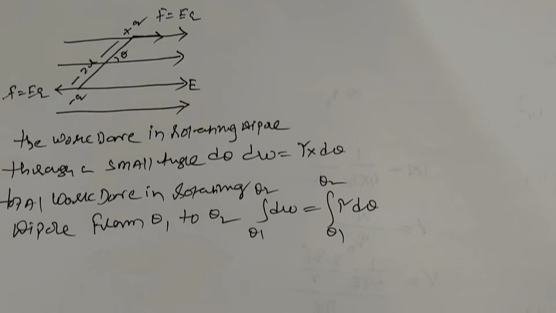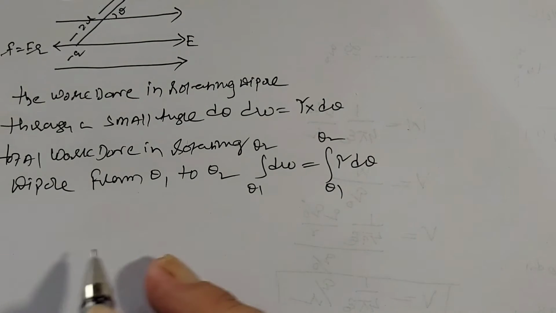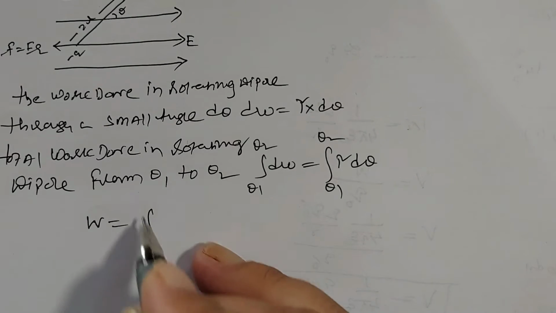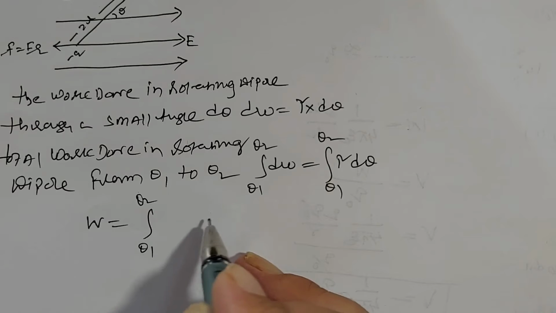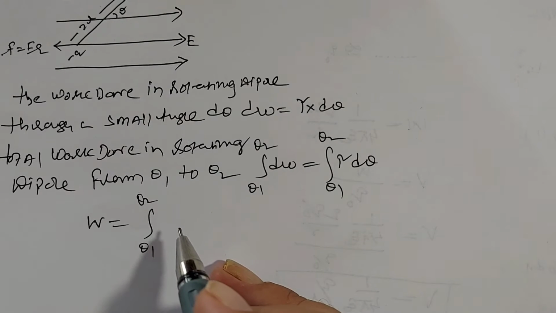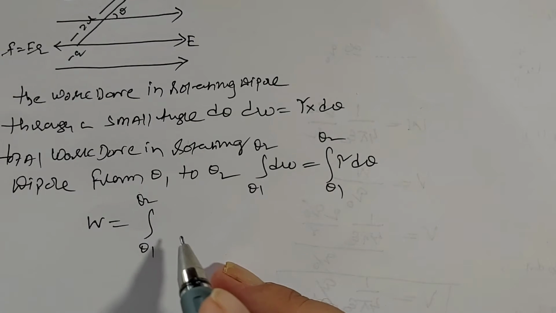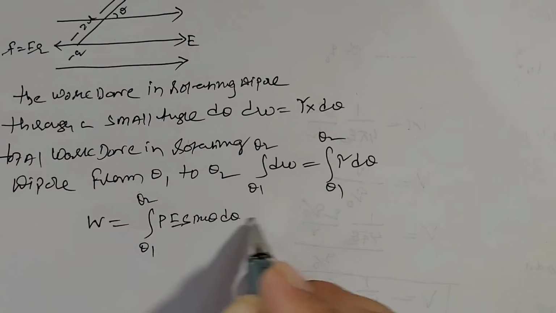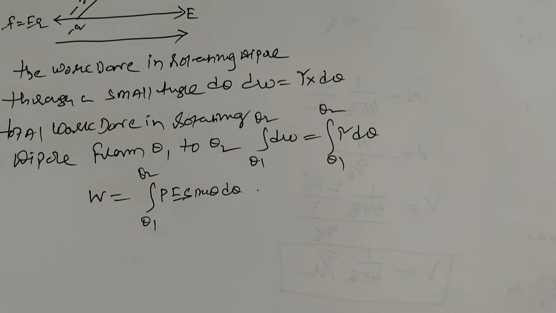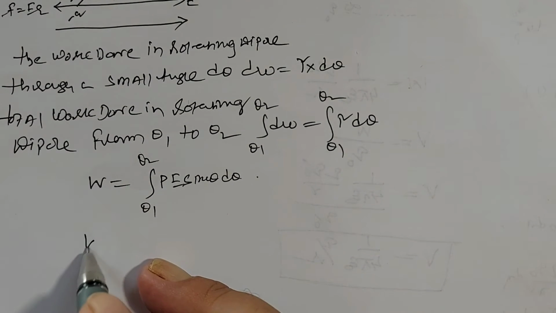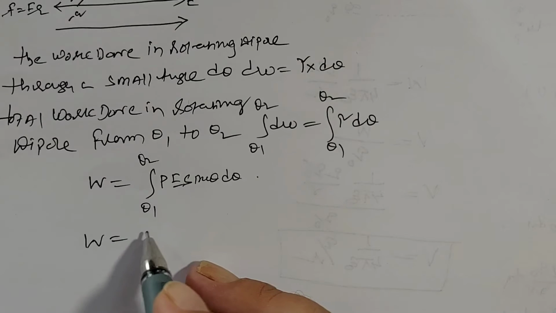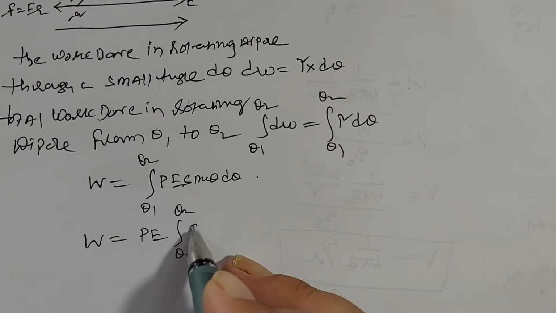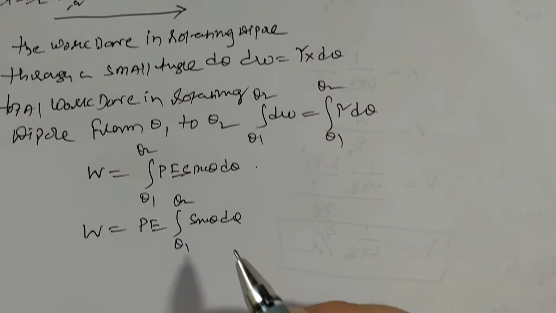Integration of dW is equal to W. Torque, as we already derived in electric fields and charges, is PE sin theta. So W is equal to PE, bring it outside, integral from theta 1 to theta 2 of sin theta d theta.